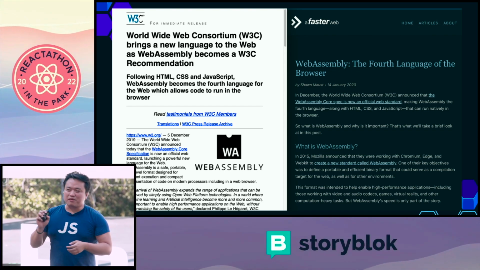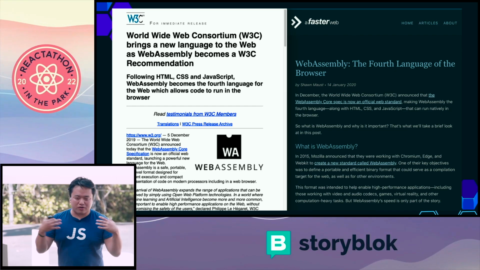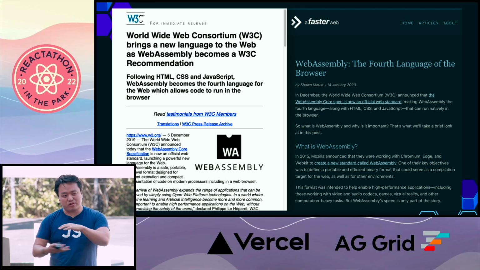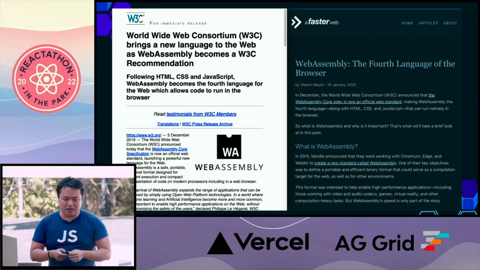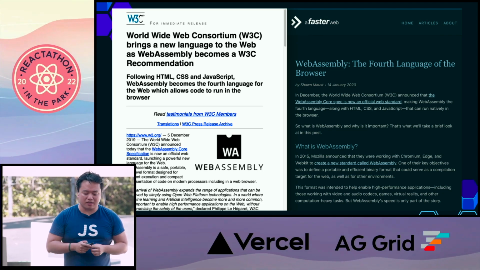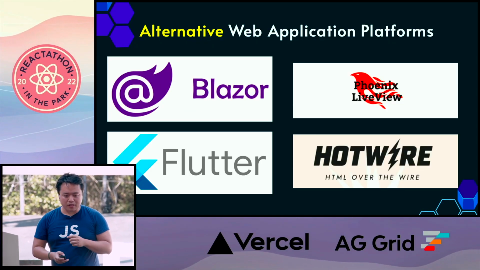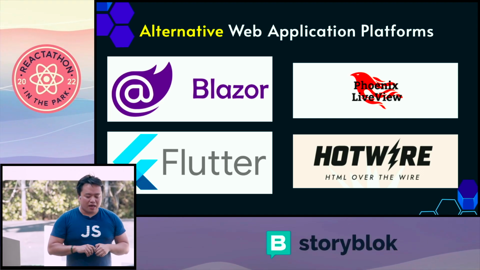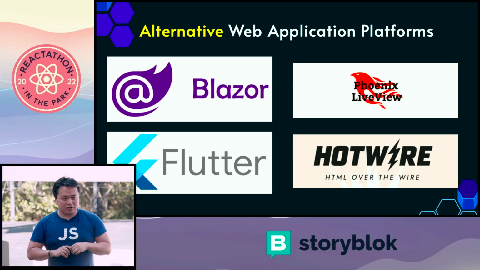Something that's interesting to me is that while we're in the third age of JavaScript, WebAssembly is kind of in its first age. They're building out and exploring what its implications could be at an official framework level, or at an official language level. There are alternative web application platforms that are all pretty interesting. I think the dark horse to me is Flutter.